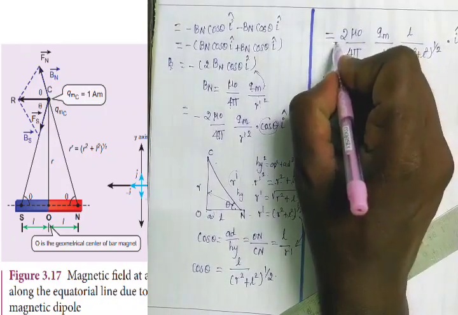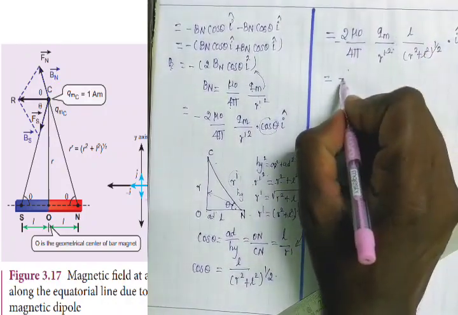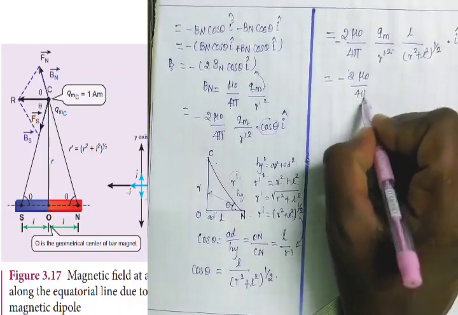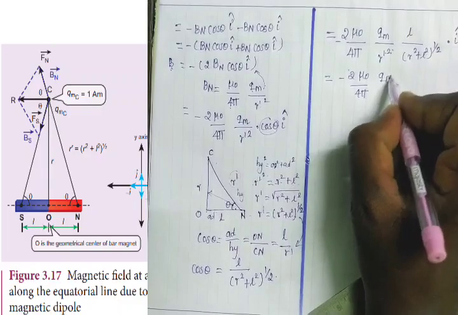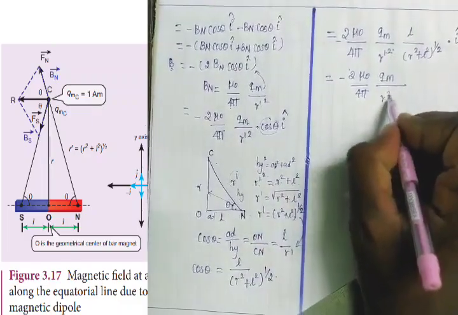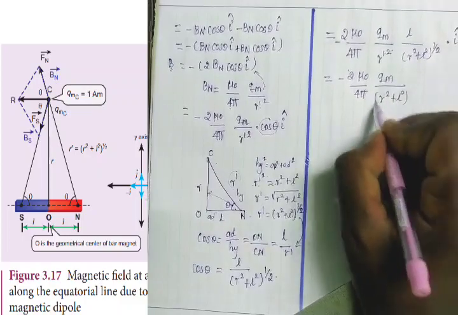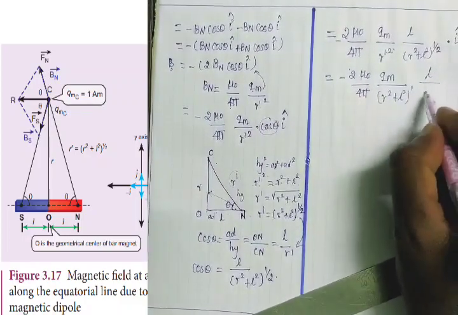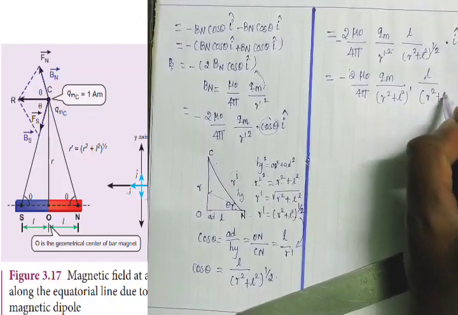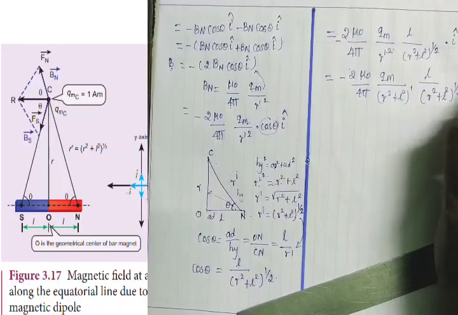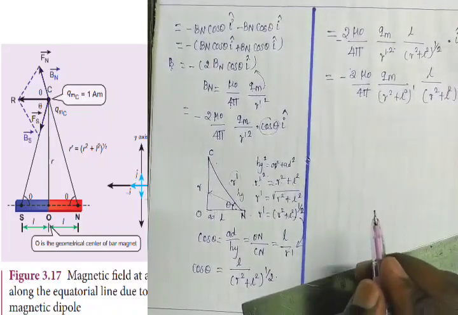Sorry, here we want to put a minus symbol. So minus 2 mu naught divided by 4 pi, Qm divided by R dash squared. R dash squared value is R squared plus L squared, power 1 is present, so don't forget. So L divided by (R squared plus L squared) power 1 by 2, and the unit vector i cap.